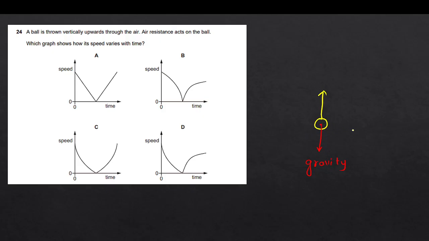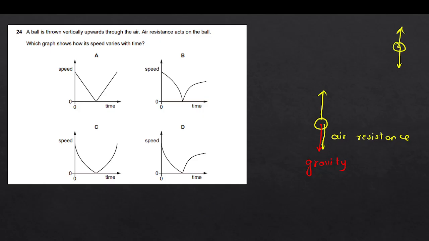This is very important. So there is one more force that acts downwards, that is air resistance, because air resistance always opposes motion. If the direction of motion is upwards, then the air resistance will act downwards. If the direction of motion was downwards, then the air resistance would have been upwards.